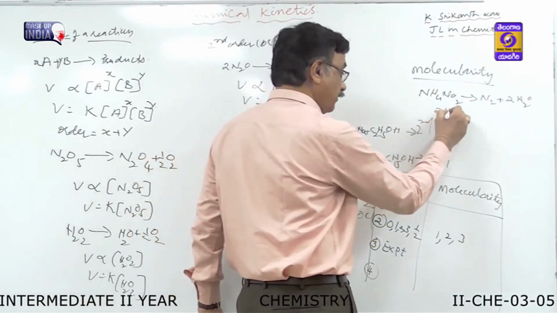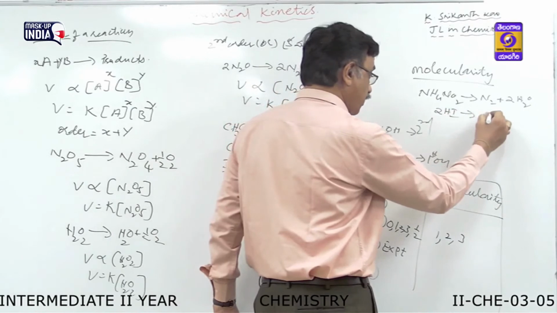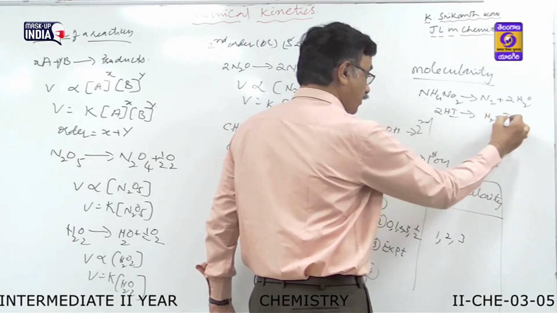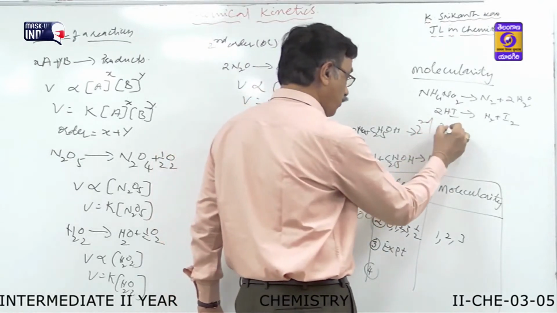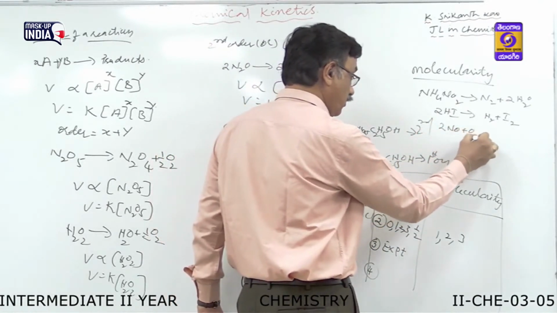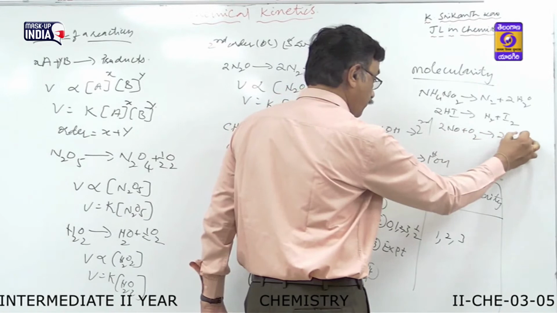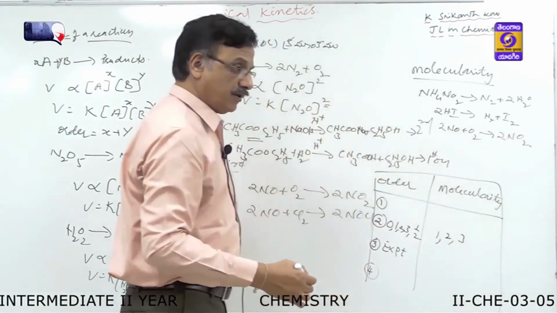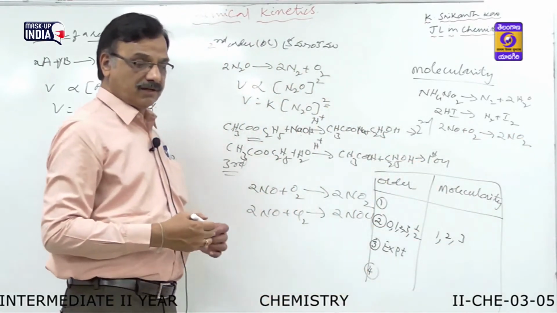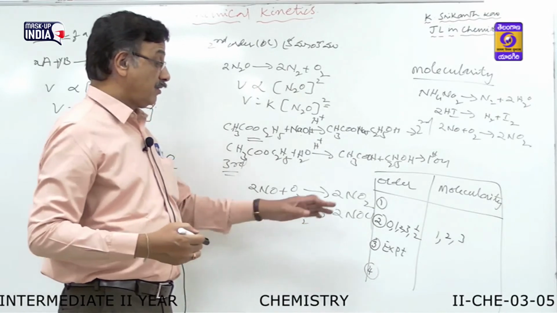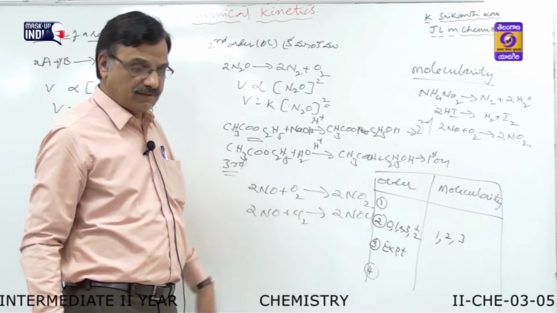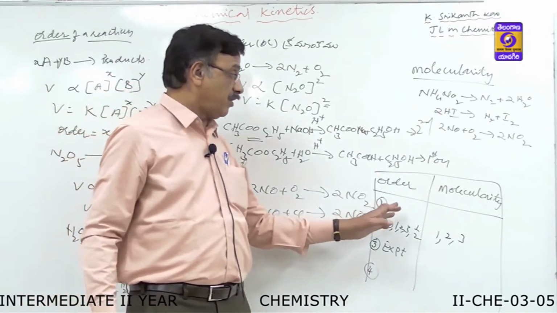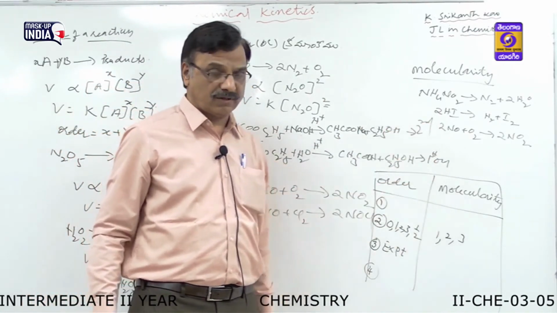Similarly 2HI giving rise to H2 plus I2, ఇది ద్వి అణుత చర్య. రైట్, 2NO ప్లస్ O2 గివింగ్ రైస్ 2NO2, త్రిక అణుత చర్య. ఈ విధంగా ఈ అణుతకు మనం కొన్ని ఎగ్జాంపుల్స్ ఇవ్వవచ్చు. రైట్? సో డిఫరెన్స్ బిట్వీన్ ఆర్డర్ అండ్ మాలిక్యులారిటీ.